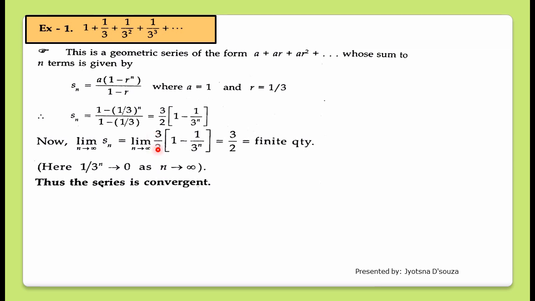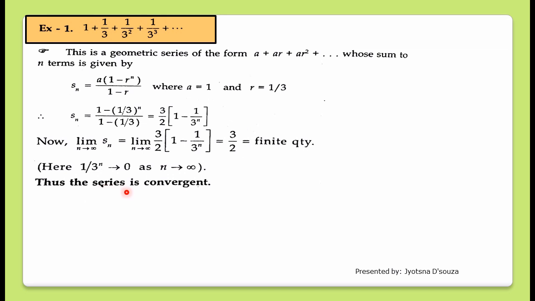When n is infinity, 3 to the power of infinity will be infinity. So 1 by infinity is nothing but 0. So this term is 0 and we are left with 3 by 2, which is a finite quantity. Since it is a finite quantity, we can conclude that the series is convergent.